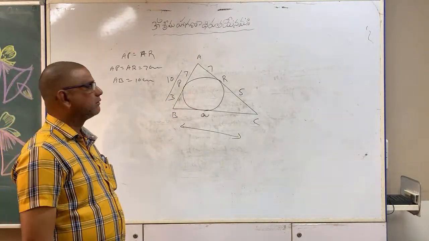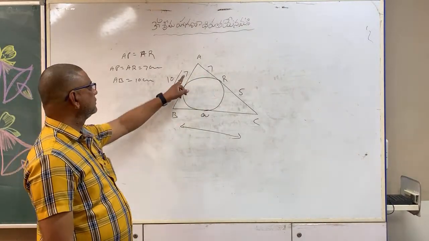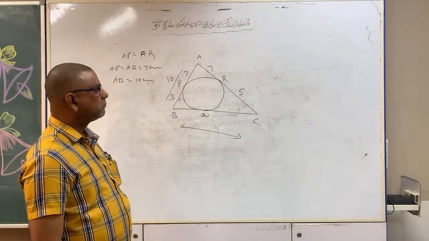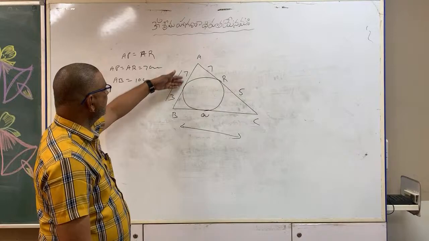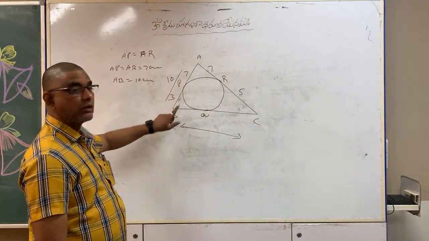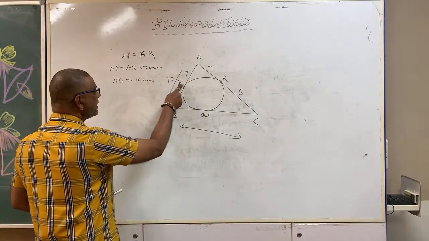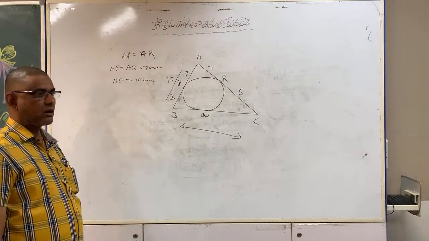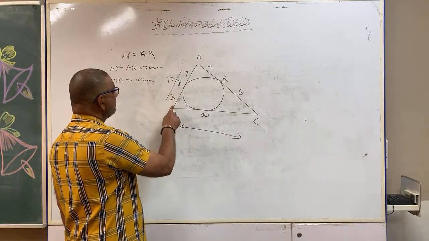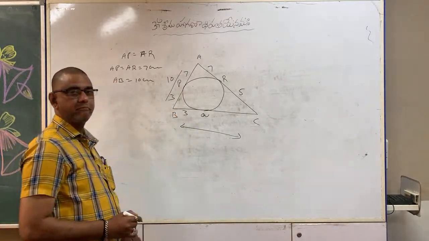AP and AR both are equal, so if this is 7, this is also 7. But the total is given as 10 centimeters, so if this is 7, this will be 3. Now BP and BQ are equal, tangents from an external point, so BQ will be 3.